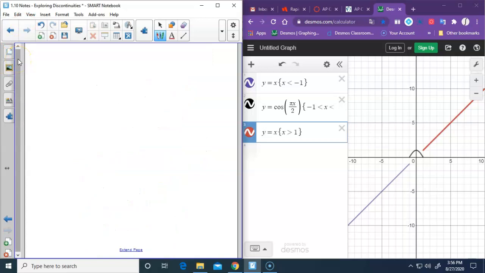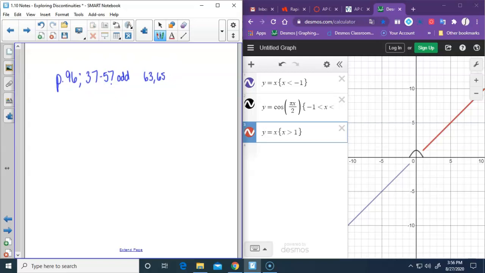All right, the assignment that you're going to have for tonight is you're going to do page 96, and this is 37 through 57 odd, and then 63 and 65. 37 through 57, you're just looking for the discontinuities.